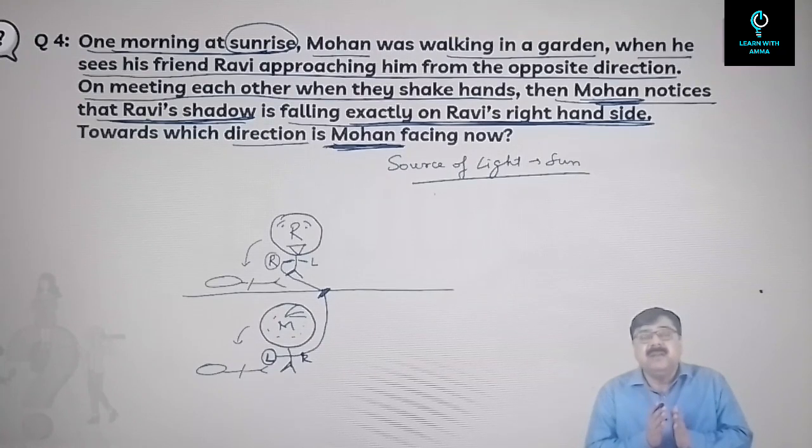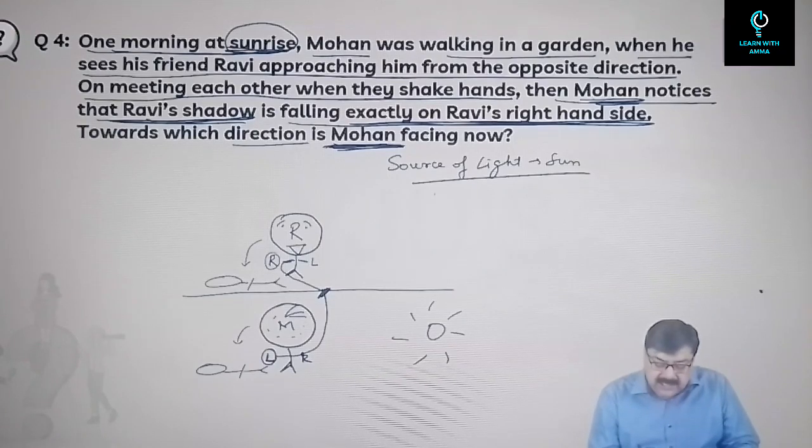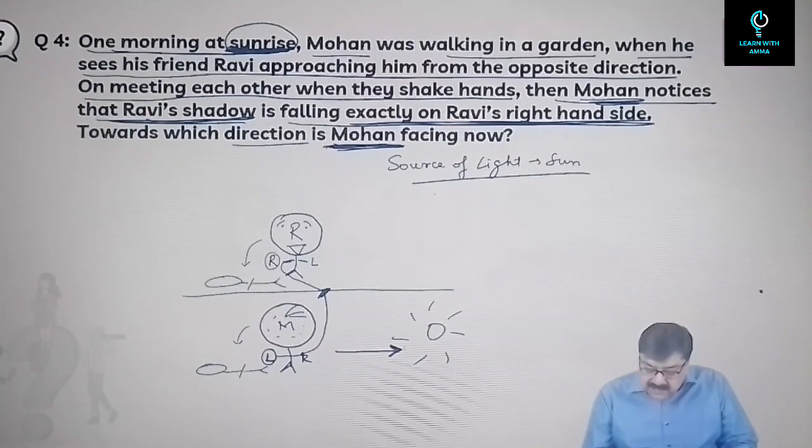Whenever the object is there between source of light and the shadow, the shadow will be formed on the opposite side, that is the back side. So that means that sun must be somewhere here on the horizon, and we are talking about sunrise, where the sun is horizontal. Now we know that during sunrise, sun is in the east. So east is towards our right hand side, towards the right side of Mohan.